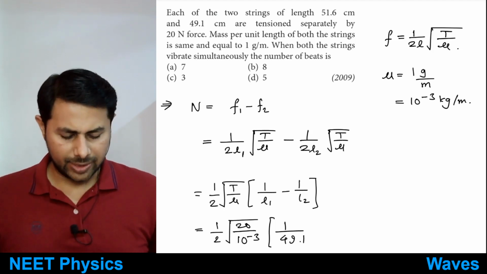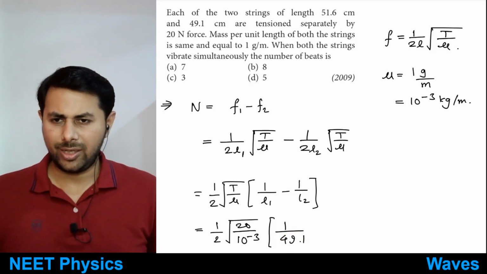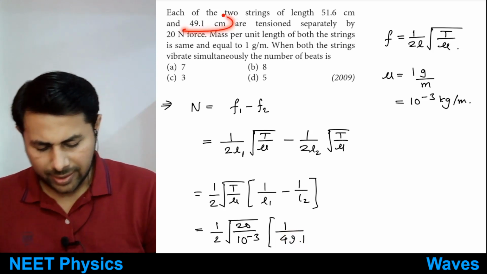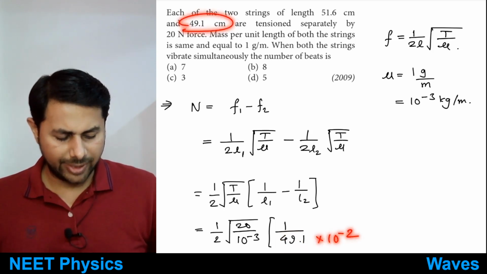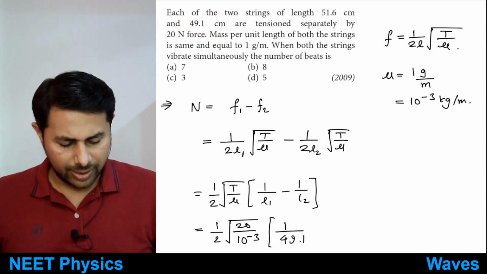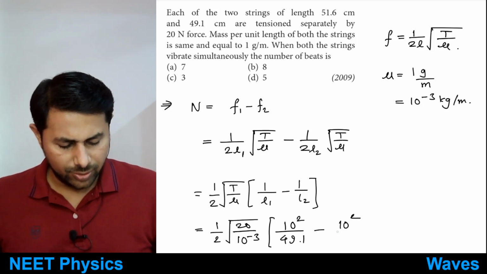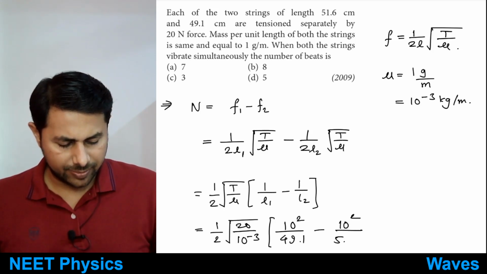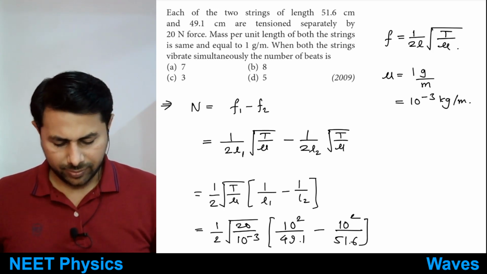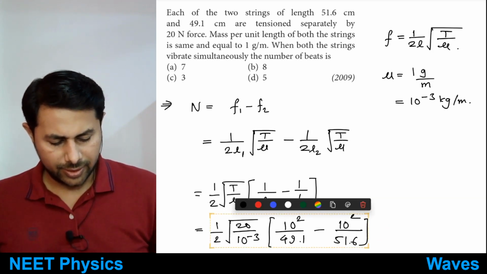Beats will be the same, but if you divide by a smaller number, the answer would be bigger, so the result would automatically be positive. 49.1 is in centimeters, so multiply with 10 raised to minus 2. 10 raised to minus 2 in the denominator is 10 raised to plus 2 in the numerator. So minus 10 raised to 2 divided by 51.6. Then there is some calculation, so I will take this on the next page.